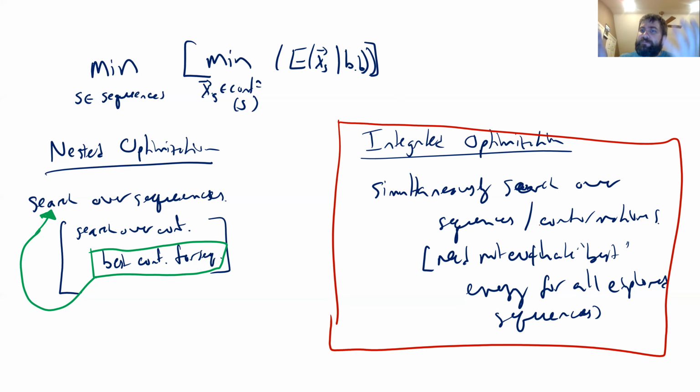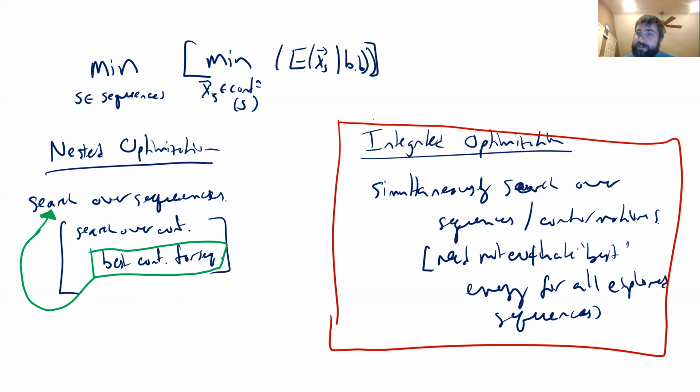And in some cases, it may be possible to figure out that a certain sequence just isn't going to go anywhere. A certain sequence isn't a good choice. And we may not need to actually figure out its best energy to be able to make that decision that it's a bad choice, right?